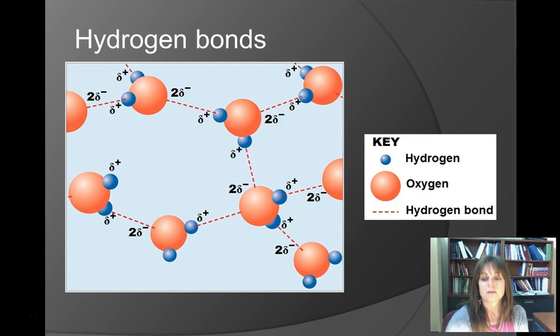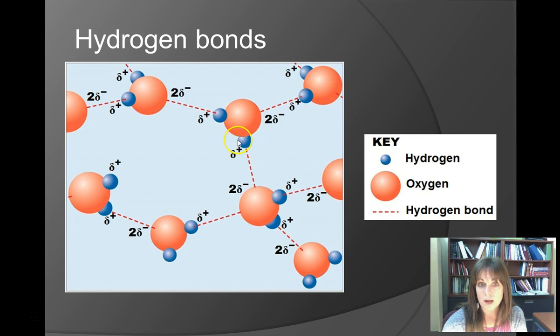Now let's look at this image, and I want you to ignore the dotted red lines for right now. Don't even look at them. Focus on these two blue dots and this big red dot here. This right here is a polar covalent molecule.